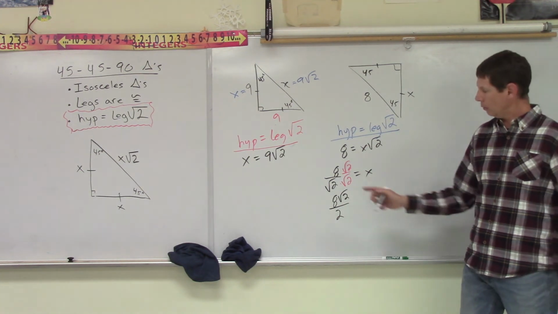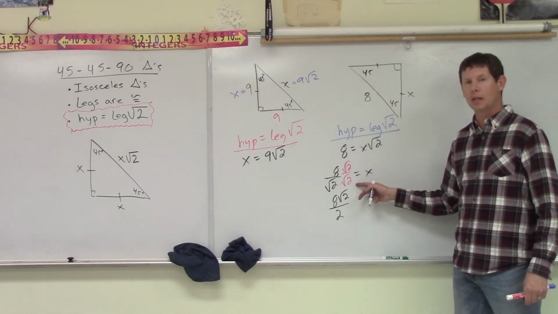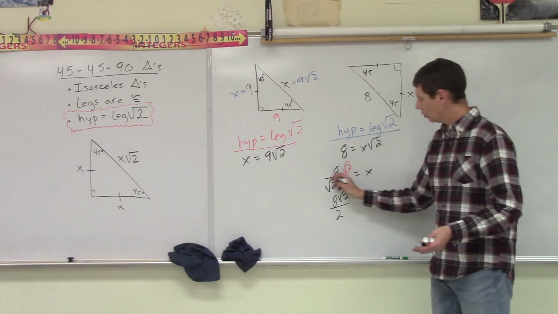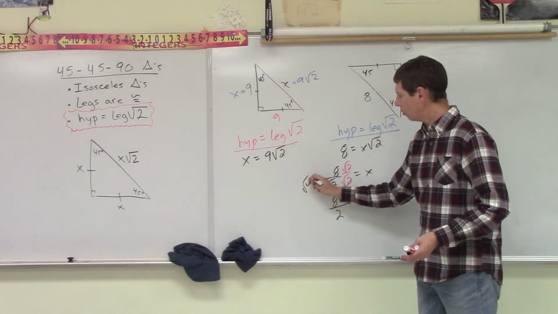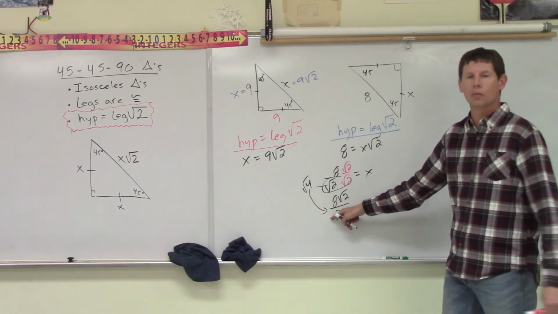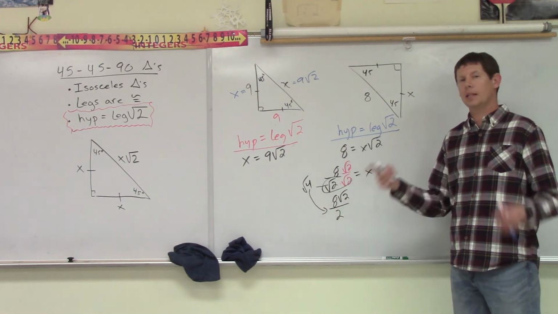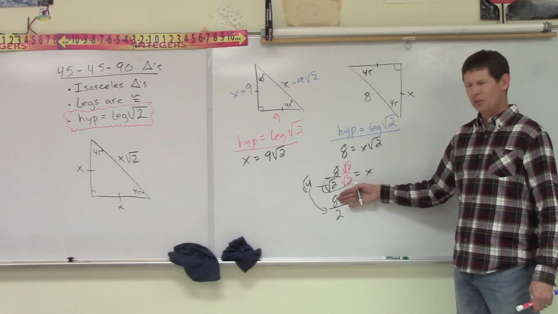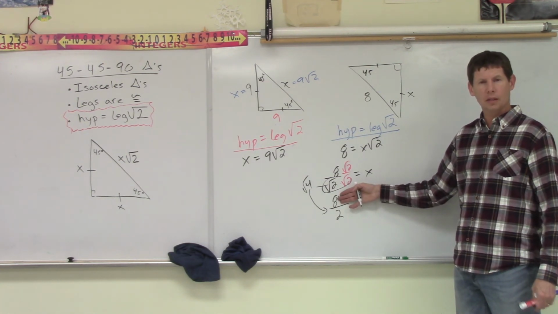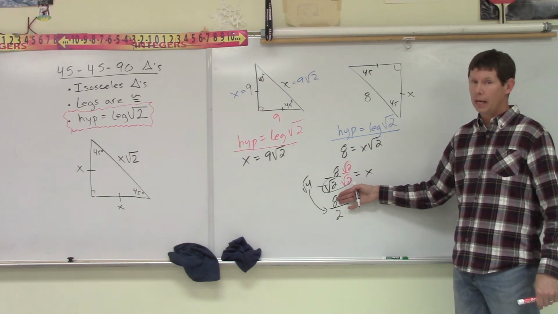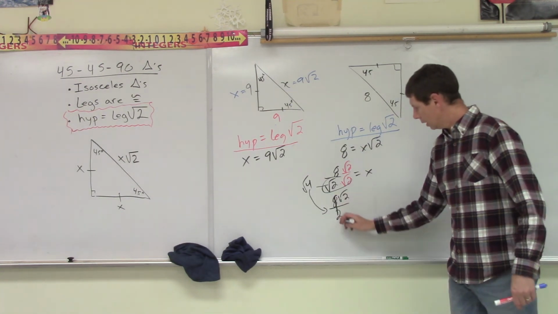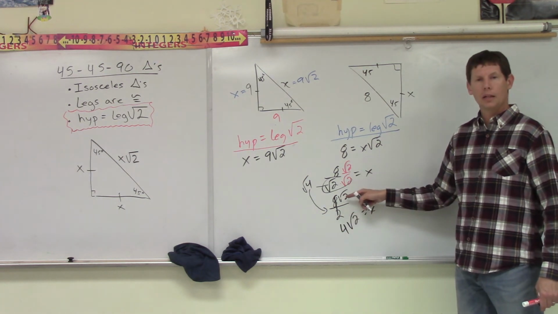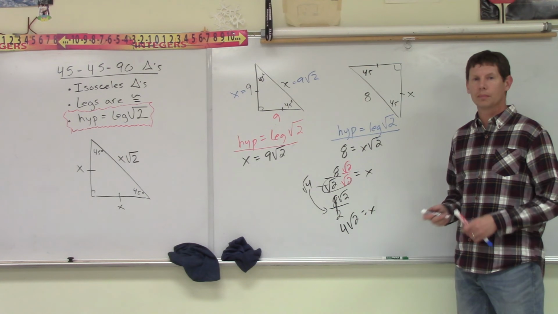The beauty of this is that when we multiply the square root of 2 by itself, that's really the square root of 4, and the square root of 4 is really just 2. And then the last thing we do is look at our numbers outside the radical. Do we know what 8 divided by 2 is? We sure do. 8 divided by 2 is 4. So we can reduce, and our final answer is 4 radical 2.